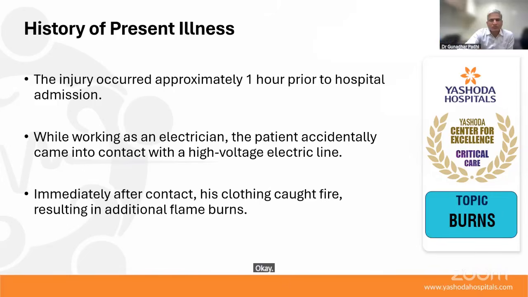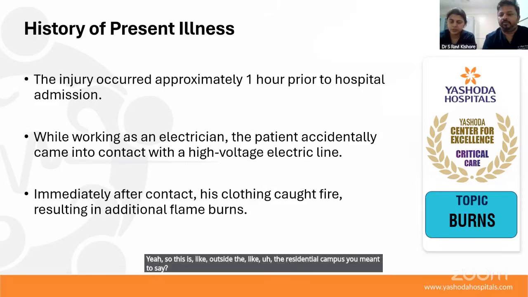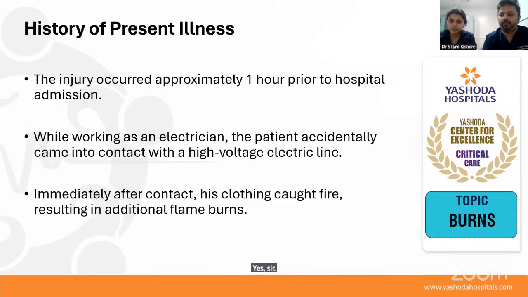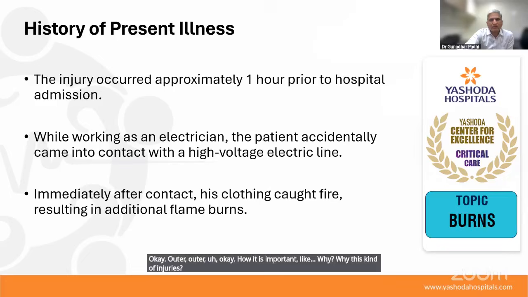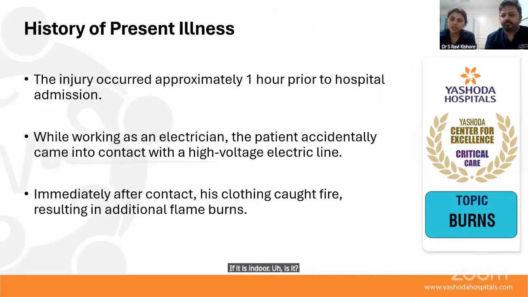Okay, so this is outside the residential campus? Yes, sir, outdoor exposure. How is it important? Why do these kinds of injuries matter, indoor versus outdoor? Carbon monoxide and cyanide poisoning are generally in indoor, closed space injuries.